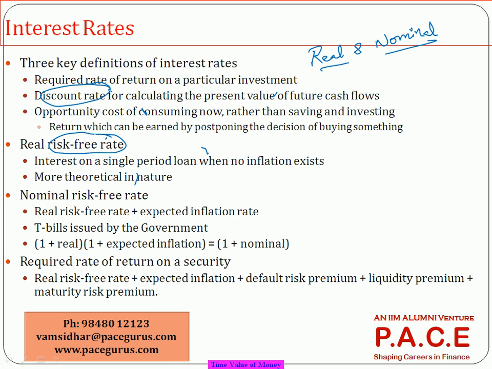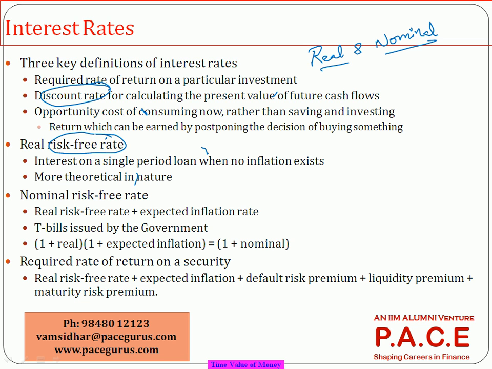But again, within that risk-free also, we have real as well as nominal. What is quoted even in government securities is the nominal risk-free return. Even if they say you deposit with us, you will get 4% return, that 4%, 5%, whatever is mentioned in government securities, is nominal itself.